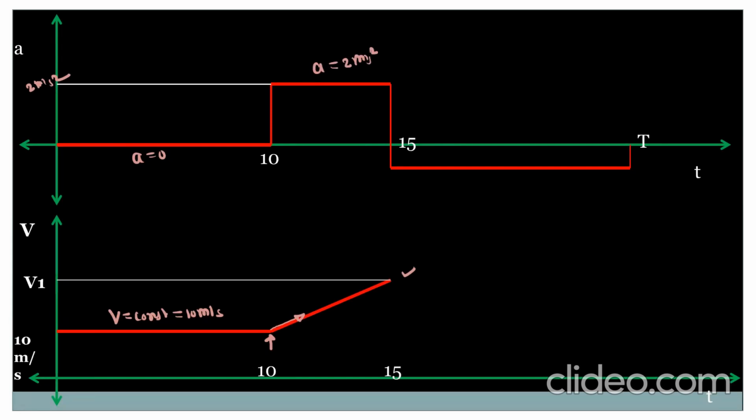For 15 to T seconds, acceleration is negative. So what is the meaning of negative acceleration? The velocity of the object will decrease with respect to time. Okay. So on the velocity time graph, the velocity will be a straight line, but in a decreasing manner. So it has a negative slope.